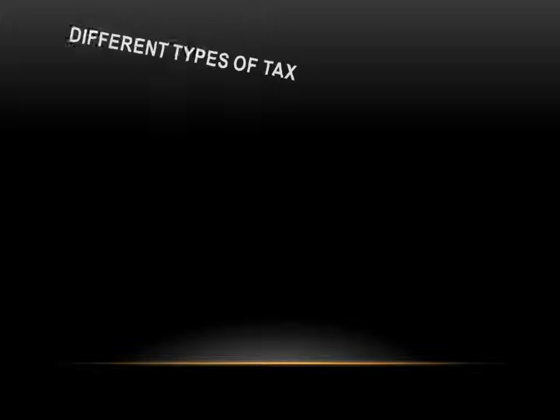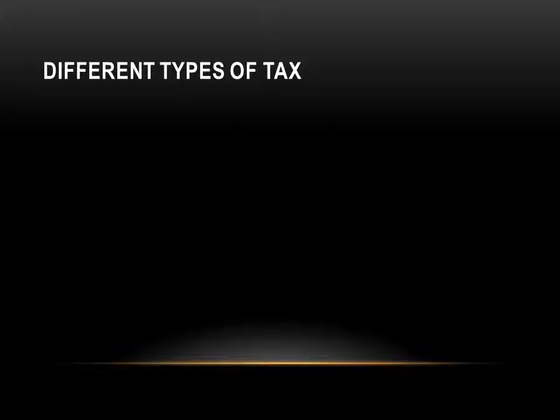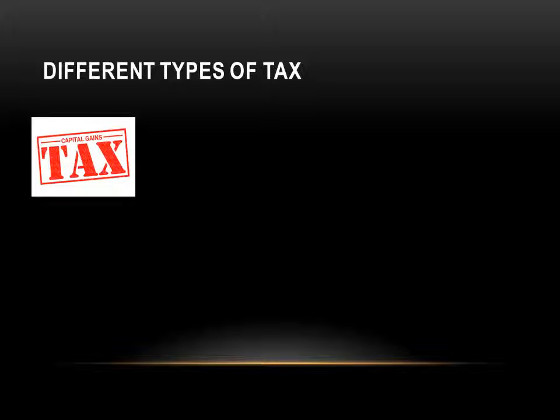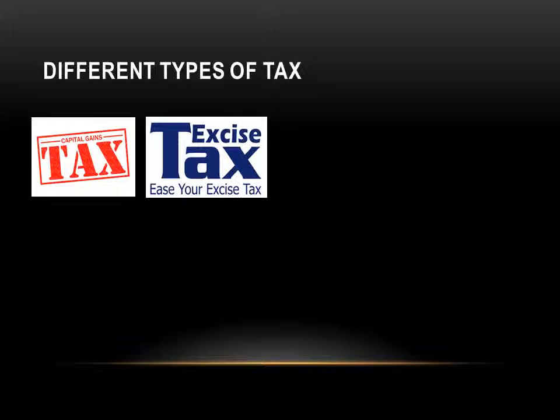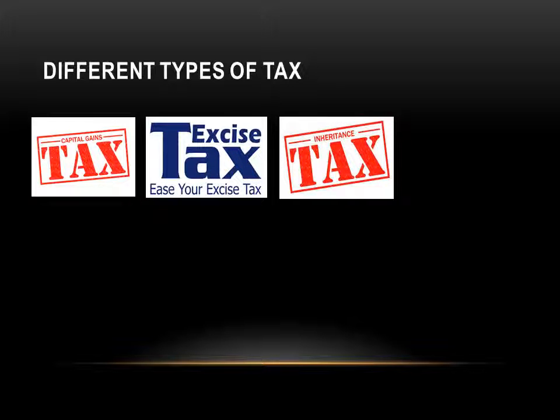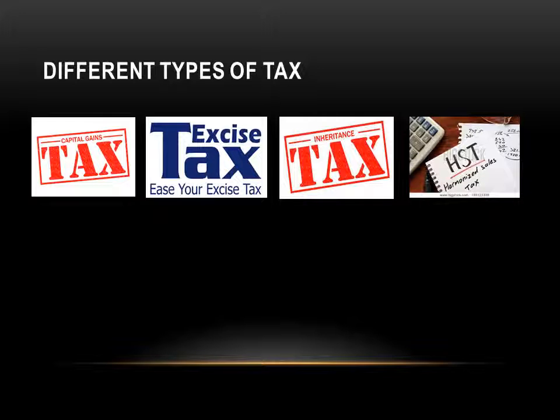On our next slide, there are other forms of taxes that the federal and provincial governments collect. They have capital gains tax, excise tax, inheritance tax, harmonized sales tax.